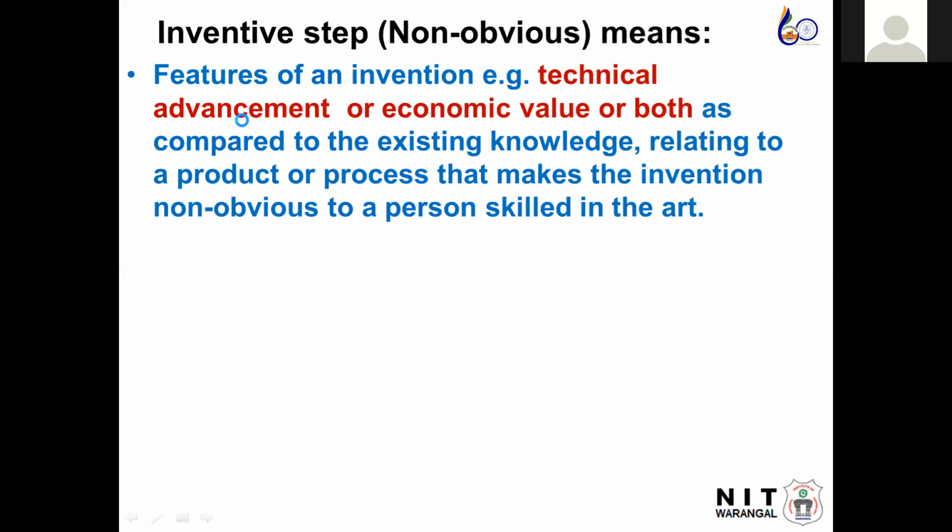So by putting all these things, the economic value might have increased to 500 rupees. You can sell it for 500 rupees easily. So if that is the advancement, if you can make it to the invention, then that is also non-obvious. Technical advancement is also inventive step, and economical value is also inventive step, or both. If you have both the things in your product, then it is a wonderful thing.